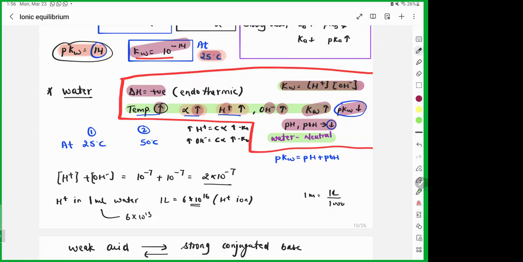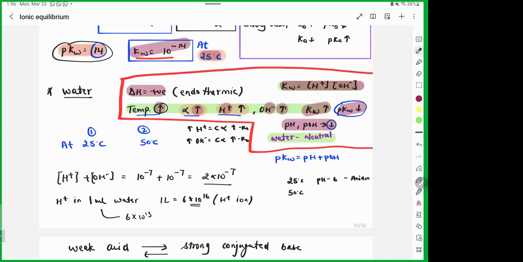Why? Because at 25 degrees Celsius, if anybody tells you that pH is 6, you will say that it is slightly acidic. Correct? But now the temperature is 50 degrees Celsius.